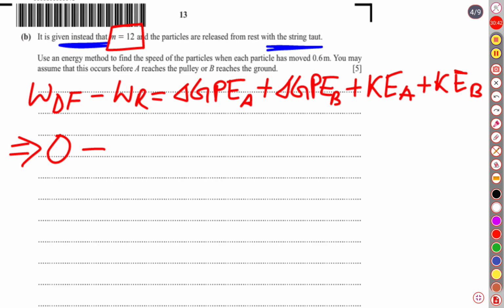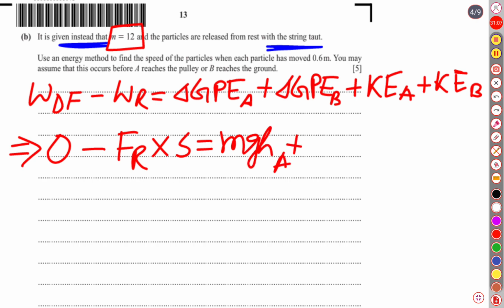But for particle A, as it was lying on a rough surface, definitely there is a resistance, I mean frictional force, which is an external force. So our work is Fr into S. We know work is equal to force into displacement. And change in GPE is mgh of A plus mgh of B, plus kinetic energy.